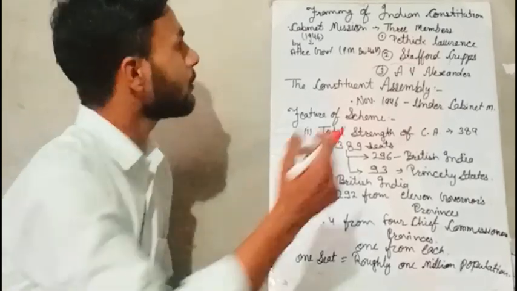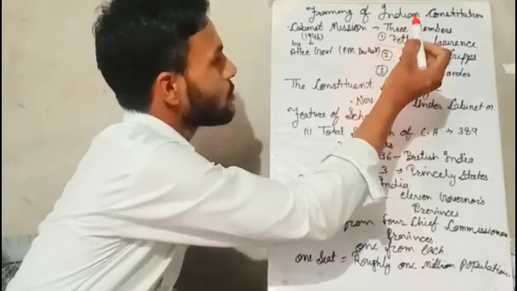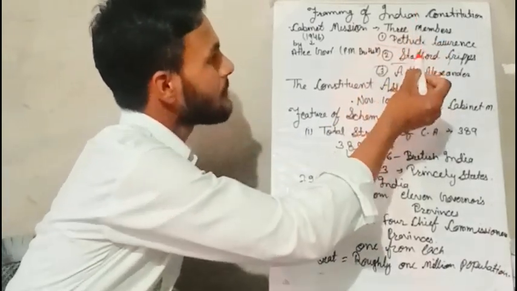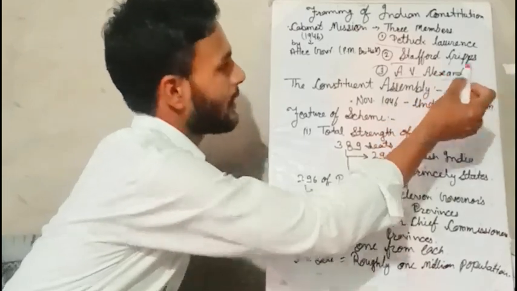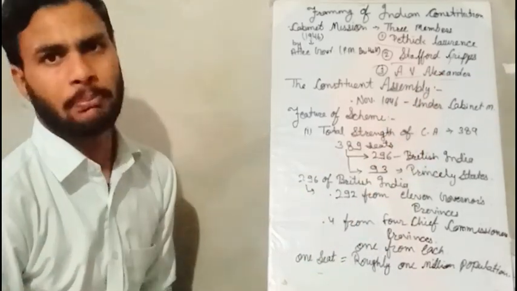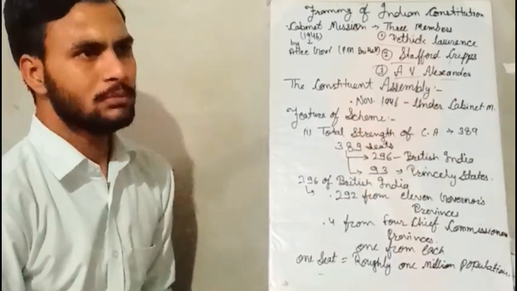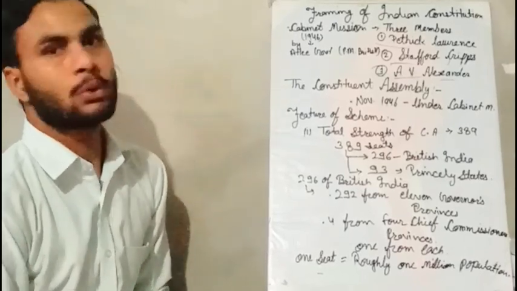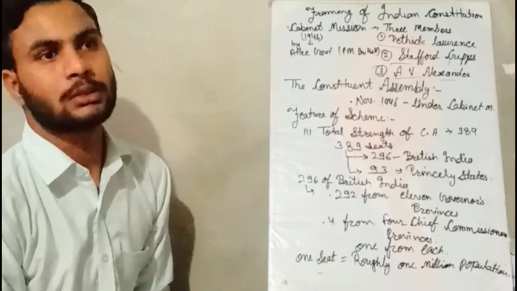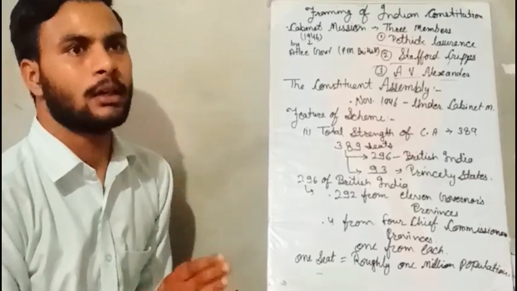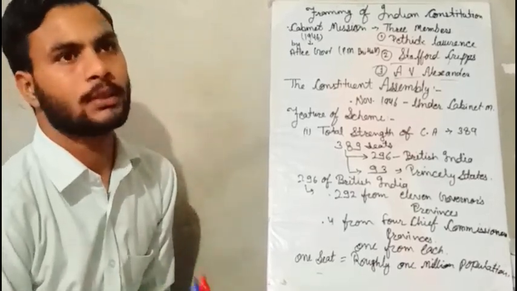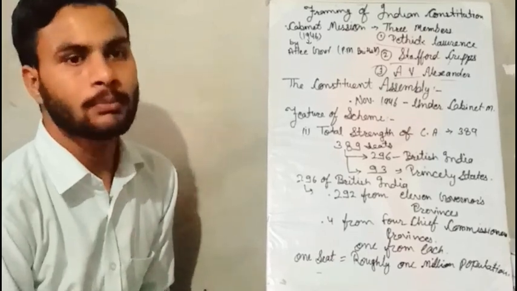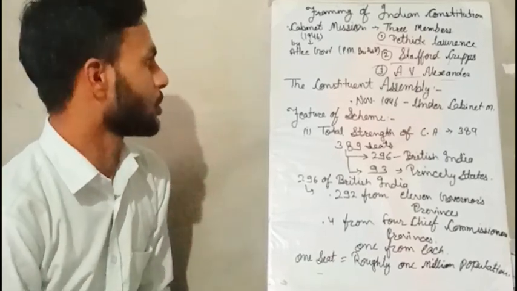The first is Pethick Lawrence, the second is Stafford Cripps, and the third is A.V. Alexander. These three people made the cabinet mission, and our constitution is made on the basis of the proposal of the cabinet mission.